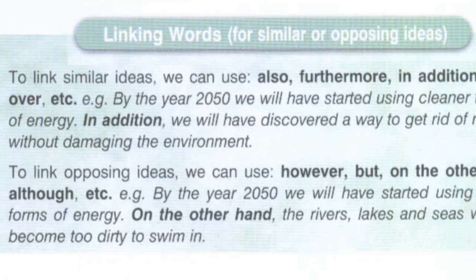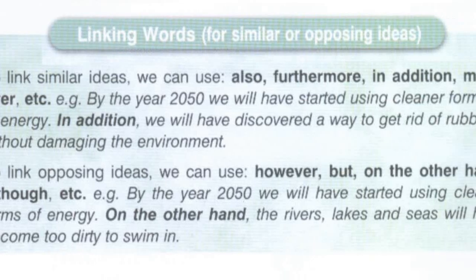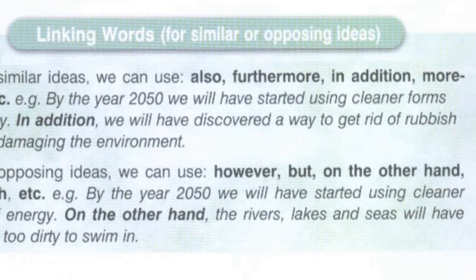Look at this. Also is an adverbial conjunction or conjunctive adverb. Furthermore, the same. And in addition, they are the same. We have another linking word, which is and, but. And is a coordinating conjunction. So also, furthermore, in addition, or moreover, these are all adverbial conjunctions or conjunctive adverbs.